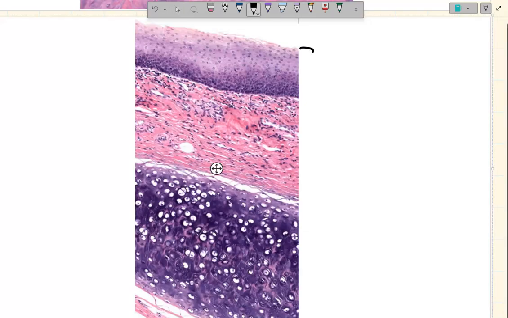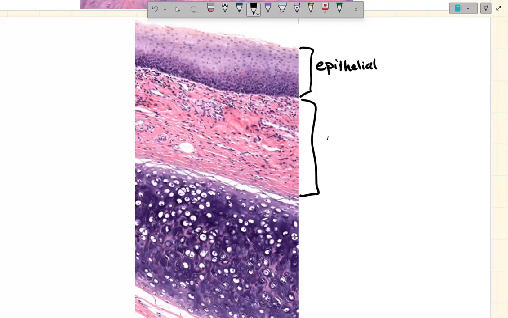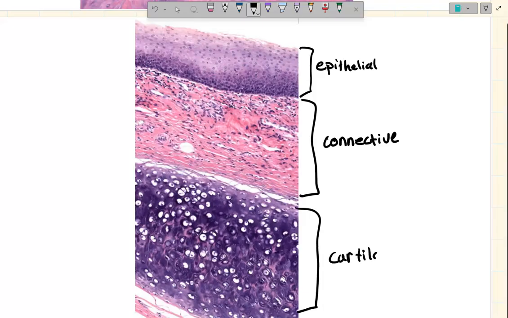So we actually have some epithelial layer up here. We have connective tissue layer here as well. If you wanted, you could try to identify that as well. Then we have our cartilage layer. So what I want you to identify is this cartilage layer. So that's why I pulled this slide.